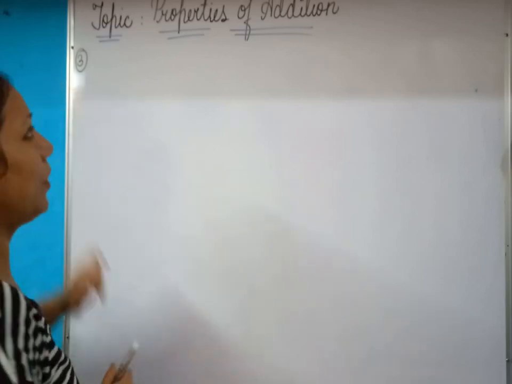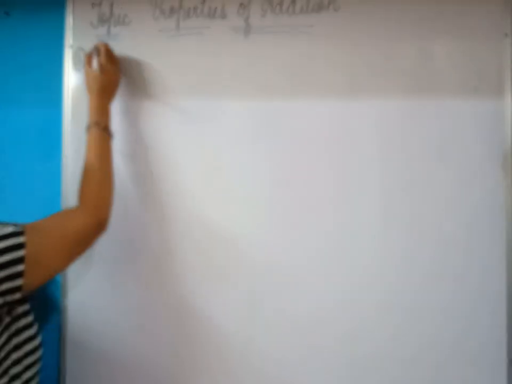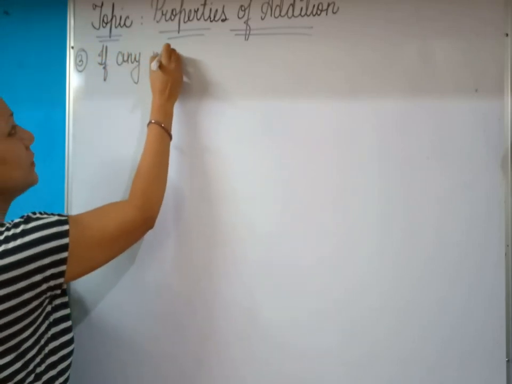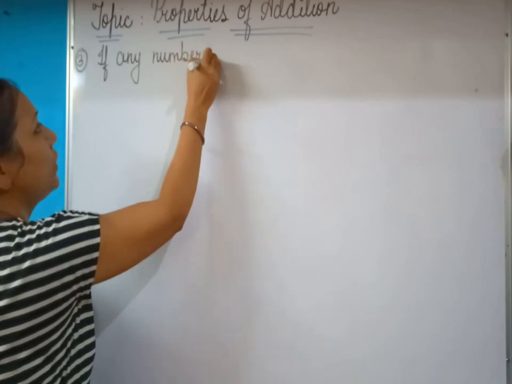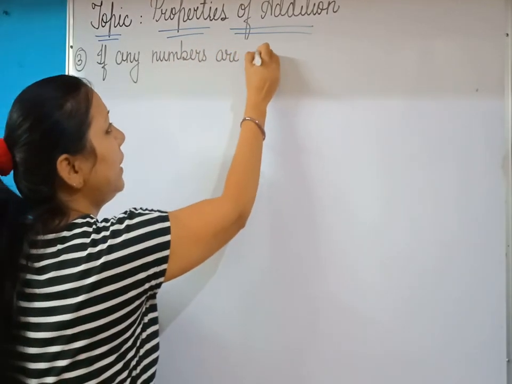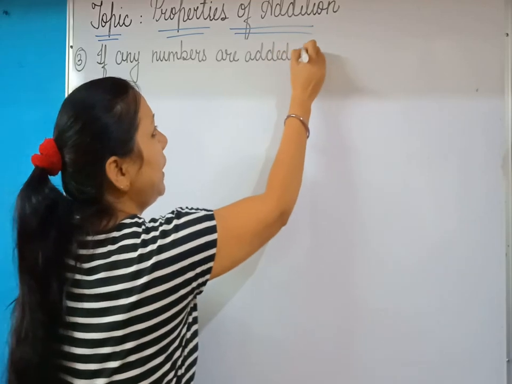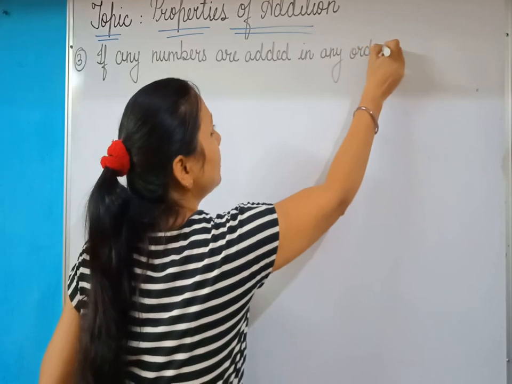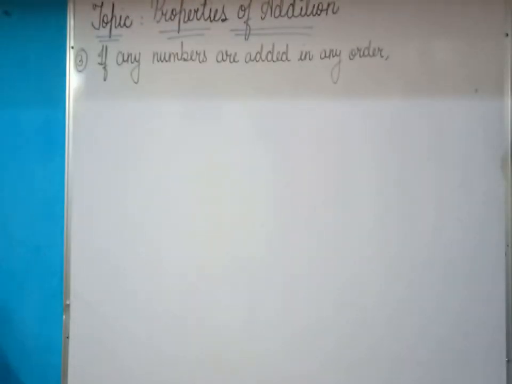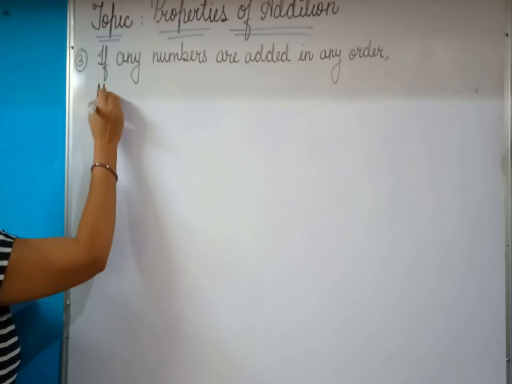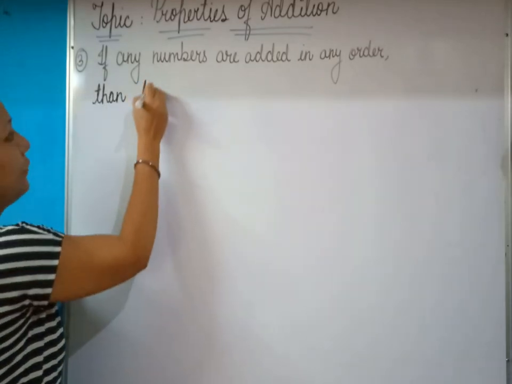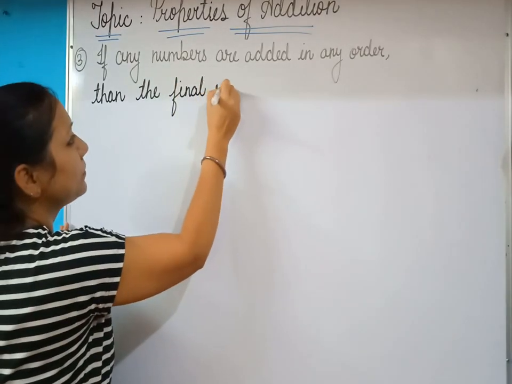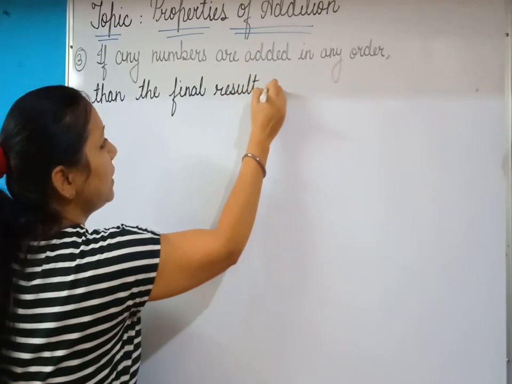Now students, our third property. The third property of addition is if any two numbers are added in any order, then the final result is same.